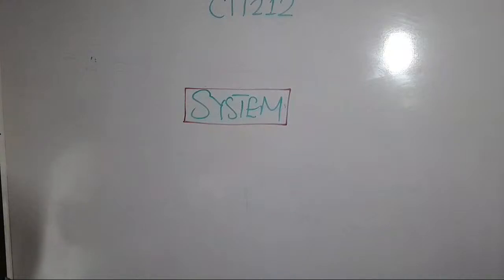The word system covers a broad spectrum of concepts. But now, let's go deep. Let's dive into the genesis of this word. It is derived from the Greek word systema.